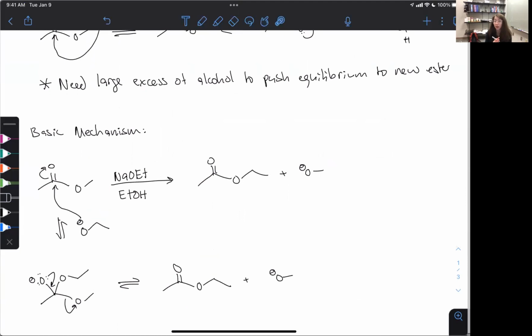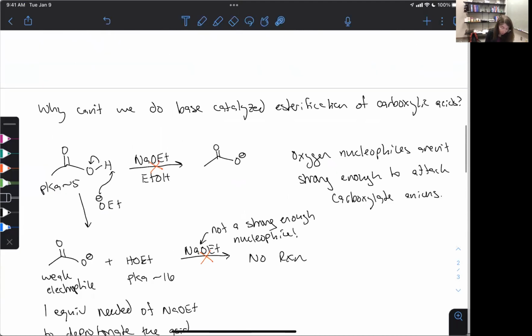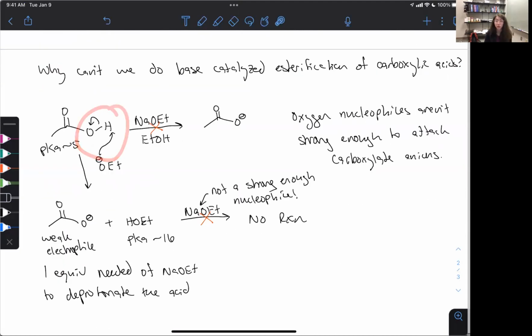So we can go ahead and attack that carbonyl because it's neutral, it's still okay. We've got a strong enough nucleophile. But as soon as we end up doing this acid-base reaction first, then we end up forming a pretty weak nucleophile. And even if we have an excess, it's not going to be strong enough to actually attack that carboxylate anion. So base catalyzed esterification is fine for transesterification, but not going to work for esterification of a carboxylic acid.